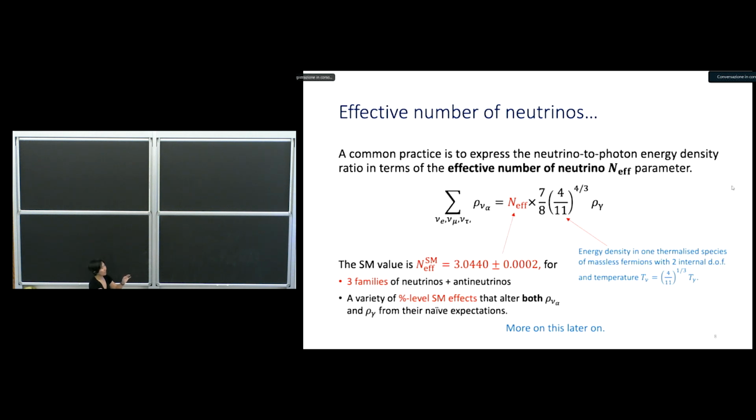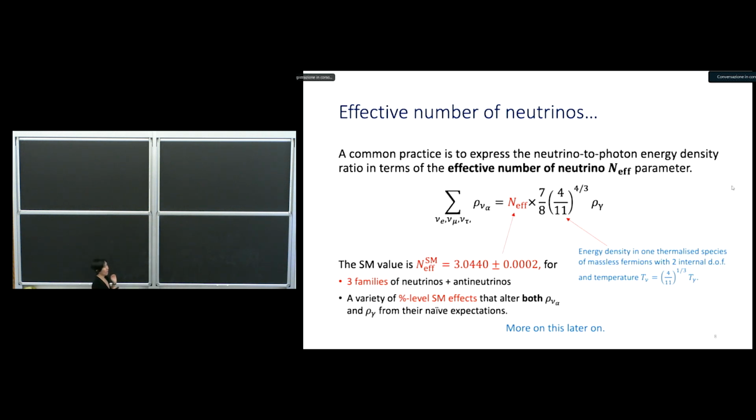This lump of stuff here is essentially the energy density in one thermalized species of massless fermions with 2 internal degrees of freedom, with the temperature corresponding to T_ν, 4 divided by 11 raised to the 1/3 times T_γ. So that's that. N effective is just the effective number of neutrinos, and within the standard model, this number is very close to 3 because we have 3 families, right?